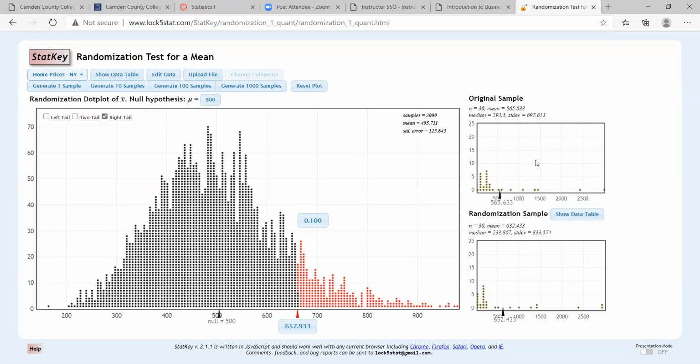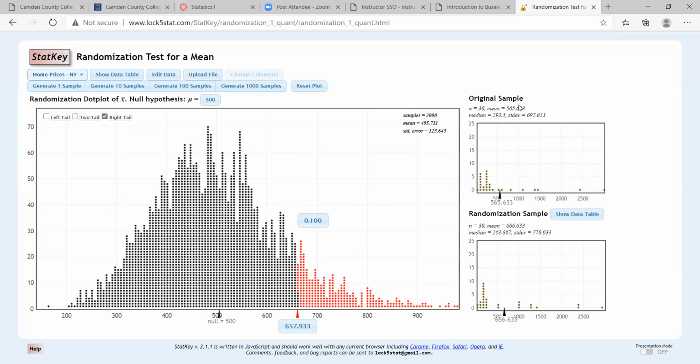Now, what's the mean? The mean is $565,633 for the 30. That's to the left here, so it looks like we're not going to reject the null hypothesis. This is my alpha, remember, 10%.